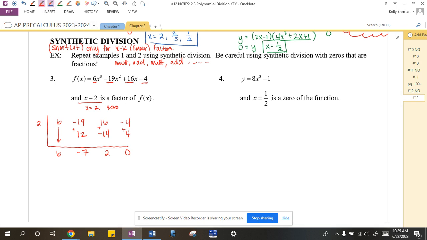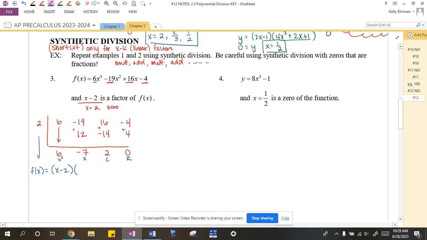So here's how we translate this back into our factored function. F of x is x minus 2. We divided by a 0 of 2, so the factor came from x minus 2. And our results here, this is the remainder. There was no remainder. This is always the constant term. This is the x to the first term, x squared.